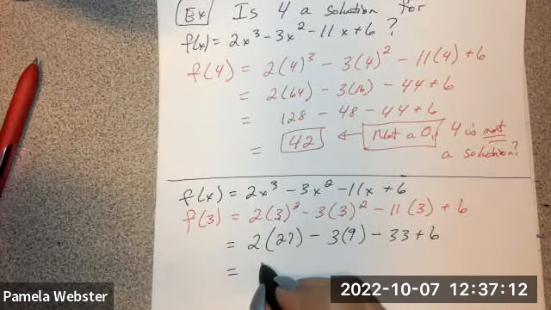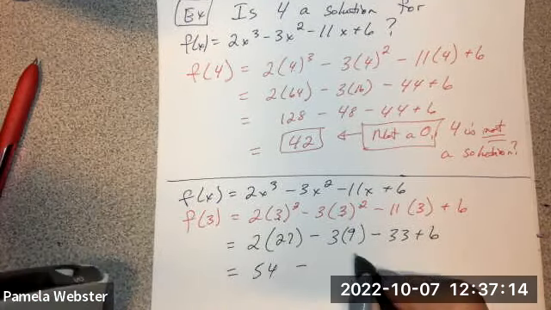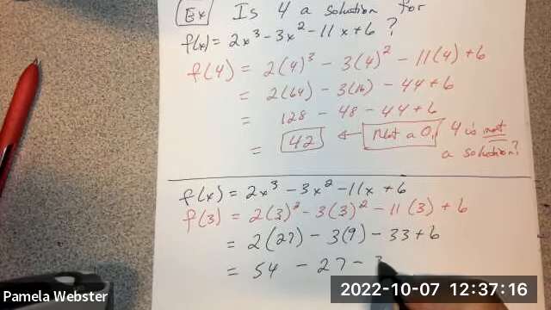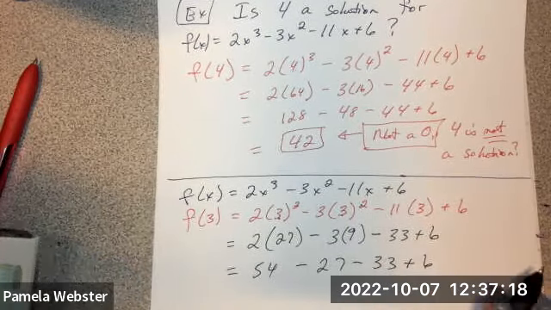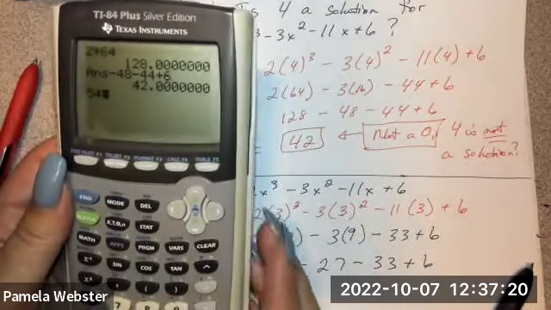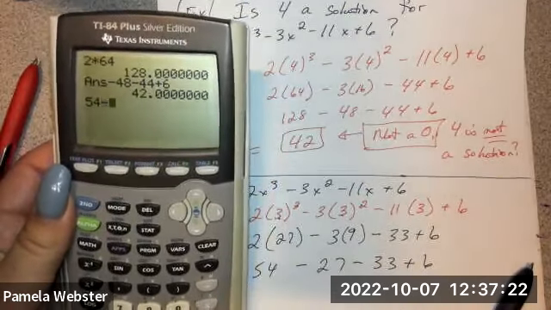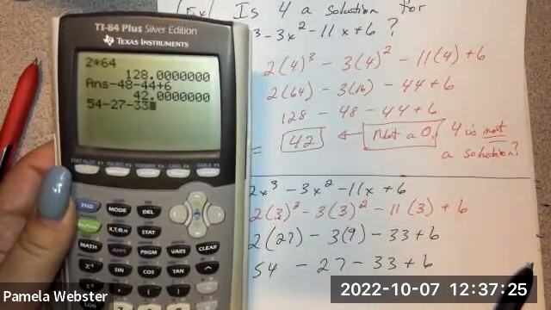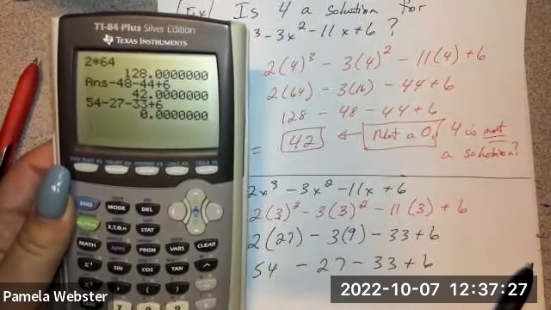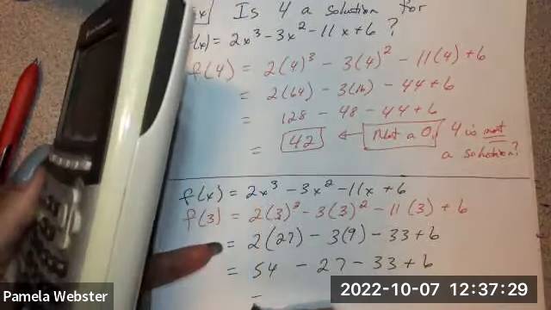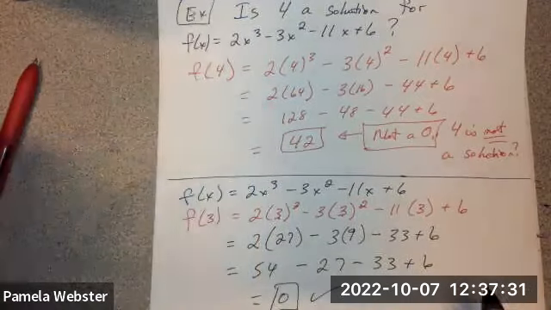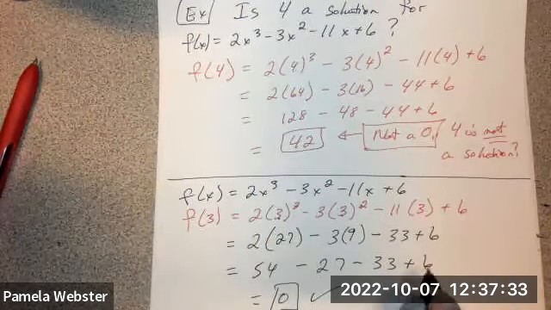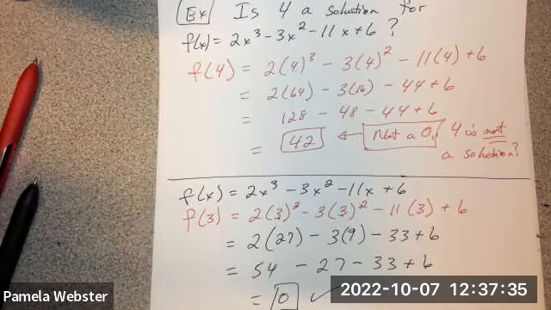Okay, 2 times 27 is 54 minus 27 minus 33 plus 6. Here we go. 54 minus 27 minus 33 plus 6. Look at that. That's a 0.